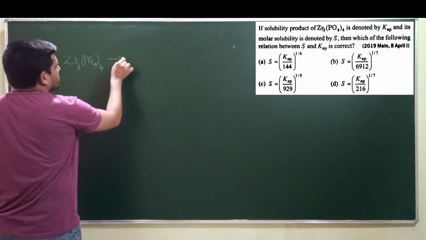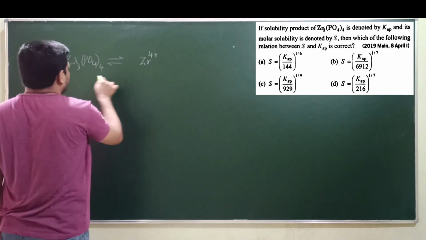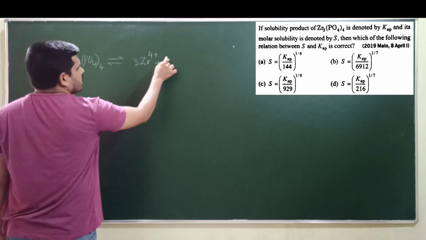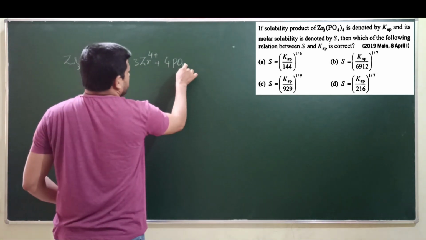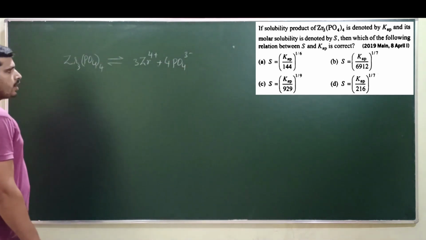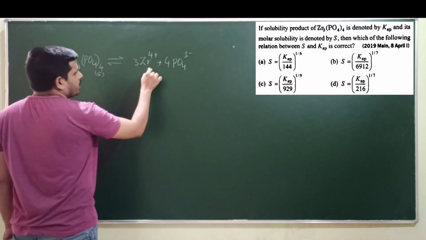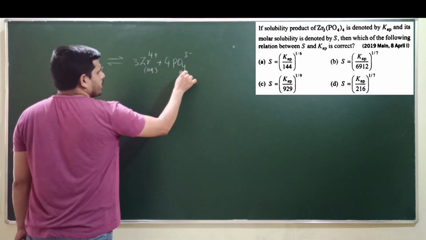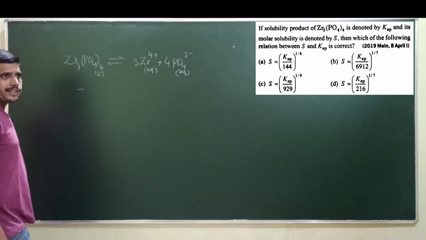So now it dissociates to form zirconium 4 plus ion, 3 of them, plus 4 phosphate ions, 4 into PO4 3 minus. This is how the dissociation goes. Now as it is told in the question, we have to consider S as the solubility, right? So we are not going to consider the solid because it's unity.